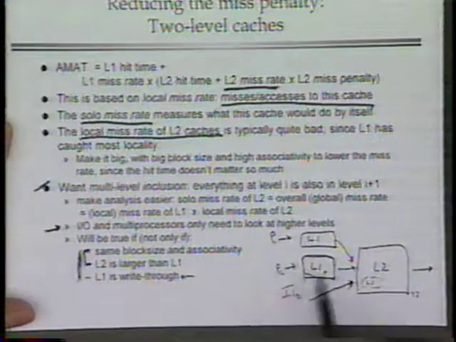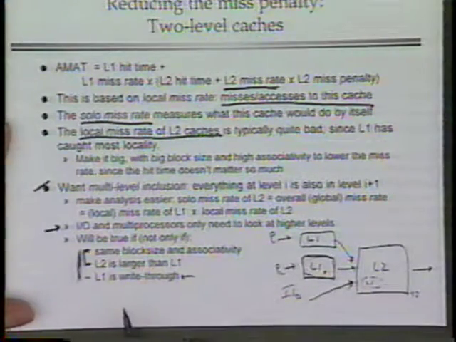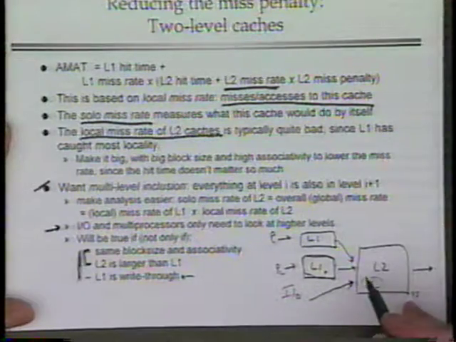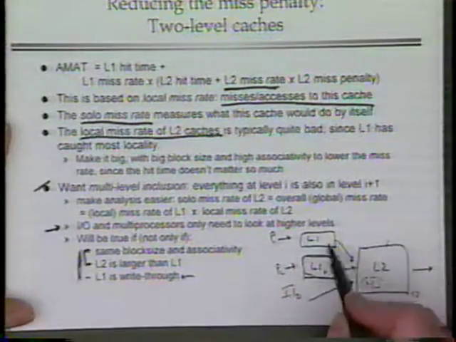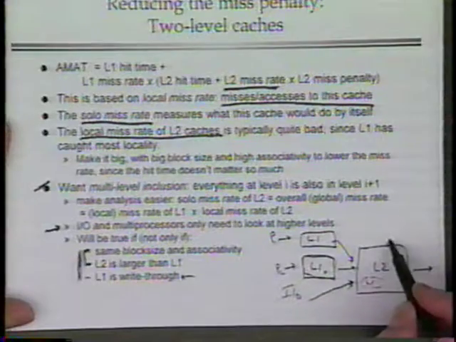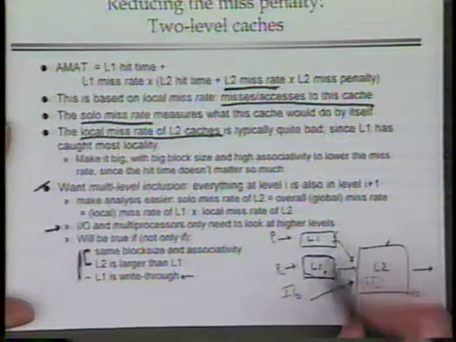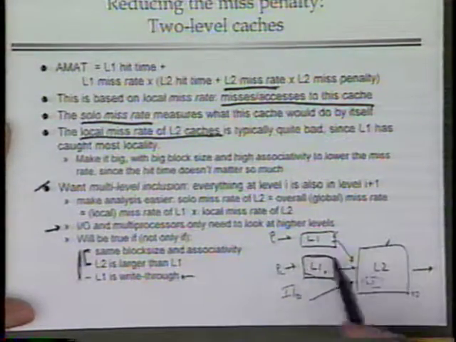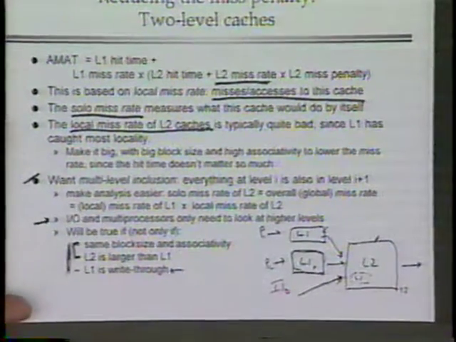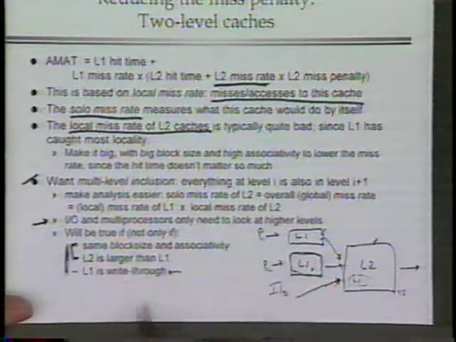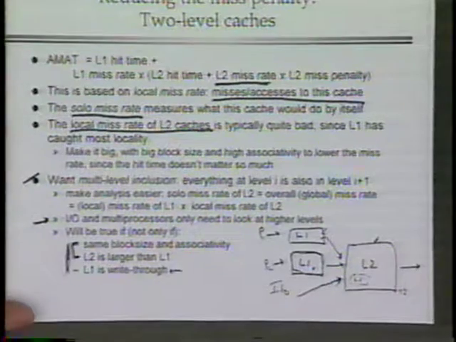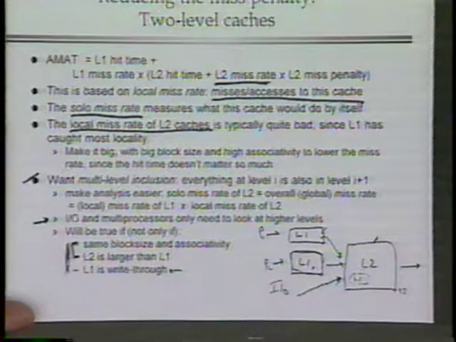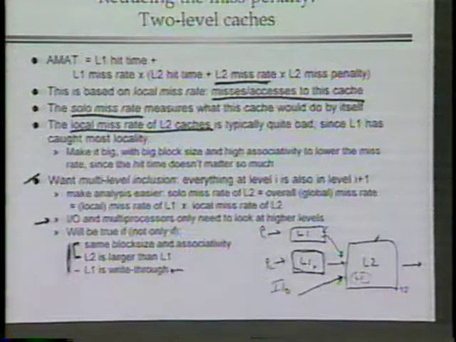There are other arrangements of level 1 and level 2 caches that still guarantee multi-level inclusion. You basically want the associativity of this to be higher than the associativity of this, and the number of sets in level 2 to be greater than the number of sets in level 1. But if you're really interested in thinking about those problems and convincing yourself what the general properties are that guarantee inclusion, then I suggest you take 382, where Mike Flynn talks about more of those issues.